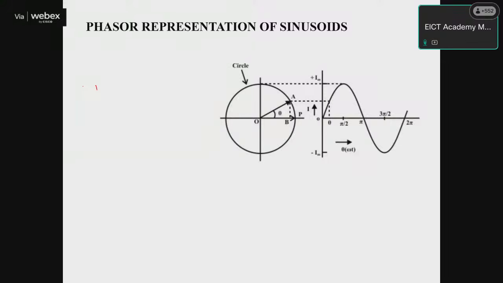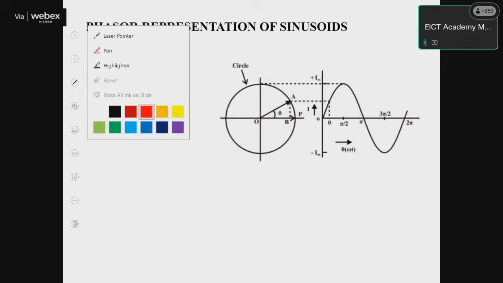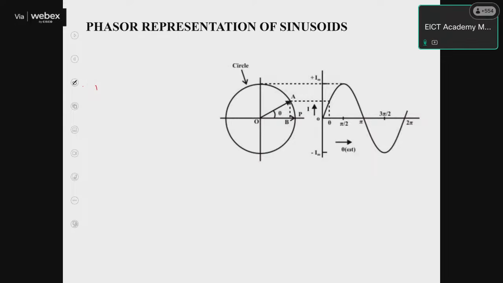Now look here, you all must have read Euler's theorem. What does it say? If I have a complex plane with sigma and j omega, then e raised to the power j phi can be represented as a vector at an angle phi with respect to the real axis.